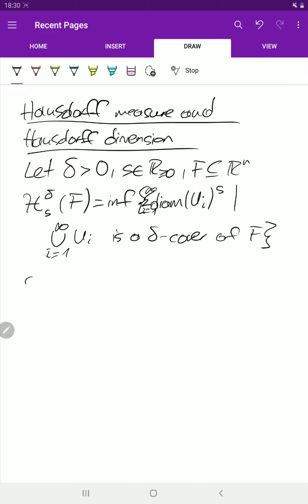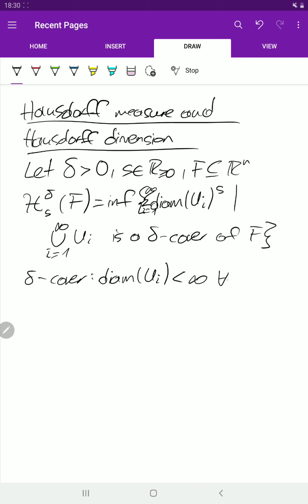Let me first tell you what a delta cover is, because the diameter will also occur. Then I'll tell you what the diameter is.